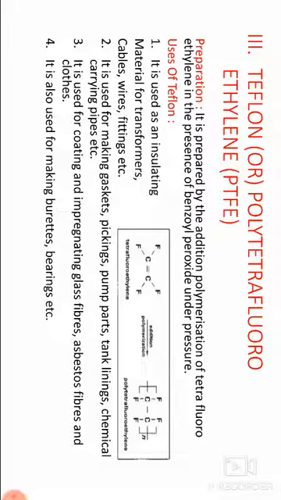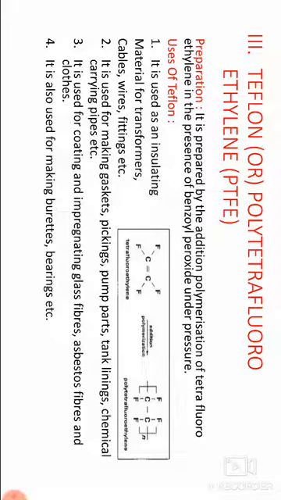Uses of Teflon. It is used as an insulating material for transformers, cables, wires, fittings, etc. It is used for making gaskets, packings, pump parts, tank linings, chemical carrying pipes, etc. It is used for coating and impregnating glass fibers, asbestos fibers, and cloths.